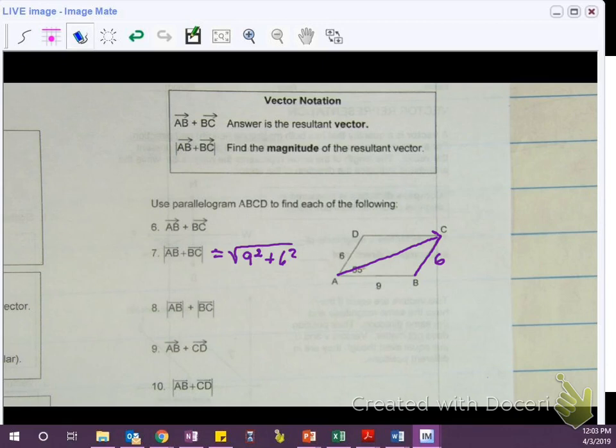Where do you get these numbers from? The drawing right here on the side. So this is the square root of 49 plus 36, which is 84. So the square root of 84.